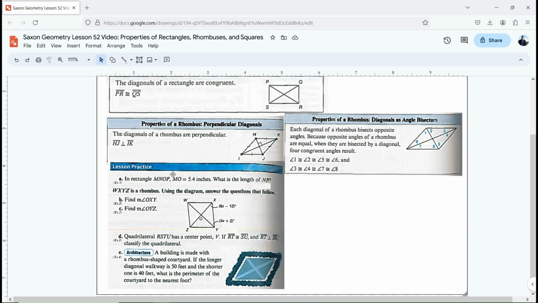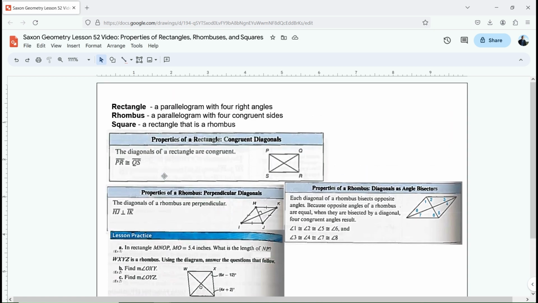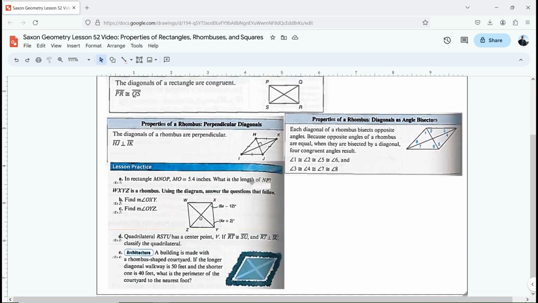NP has to be a diagonal because it's non-consecutive vertices. And the diagonals of a rectangle are congruent according to a property of rectangles. So therefore, NP has to be 5.4 inches, the same as MO. They're both diagonals. They have to be congruent.